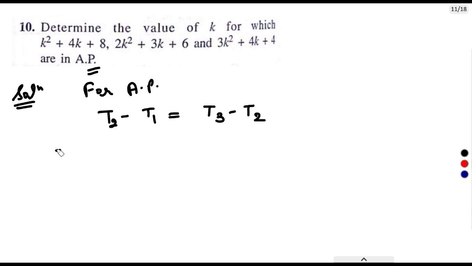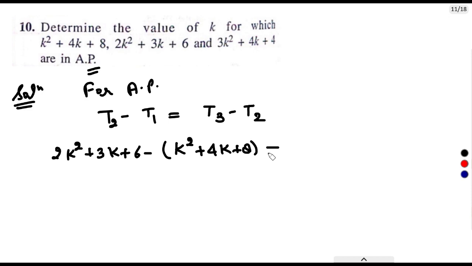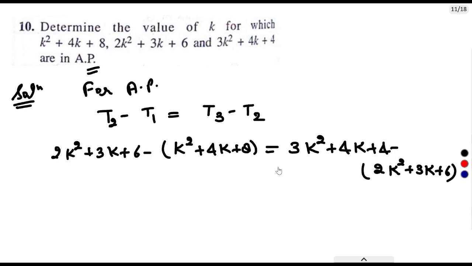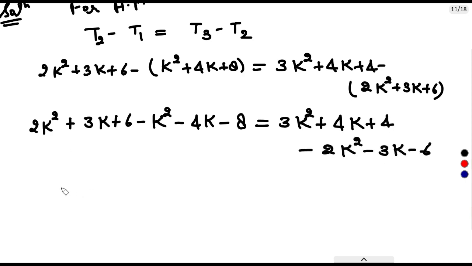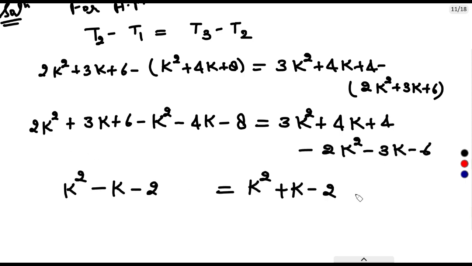So, second term 2k square plus 3k plus 6 minus first term equal to third term minus second term. k is equal to 0.